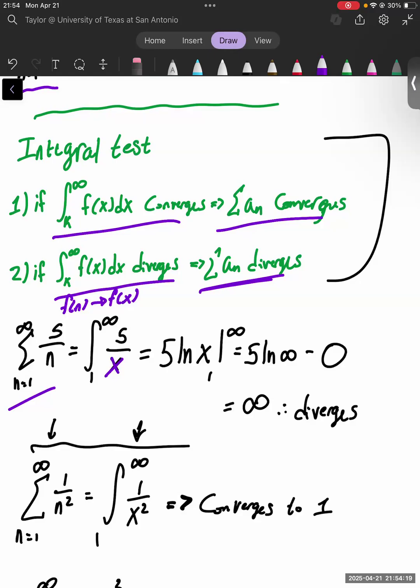I evaluate this integral and I see that I get 5 natural log of x on the bounds from 1 to infinity, and we see that this equals infinity. Therefore, because the integral diverges, the series diverges.